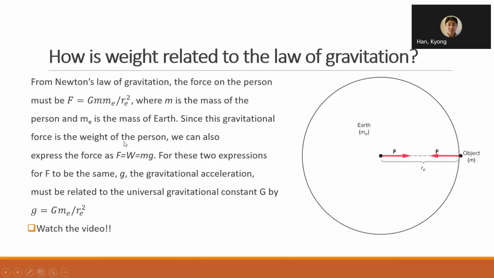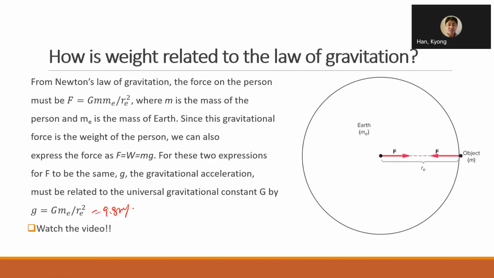This gravitational force is the weight of the person. We can also express the force as F equal to mg, mass times gravitational acceleration. For those two expressions to be the same, g, the gravitational acceleration, is 9.8 meter per second squared.